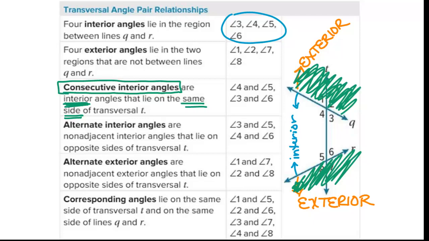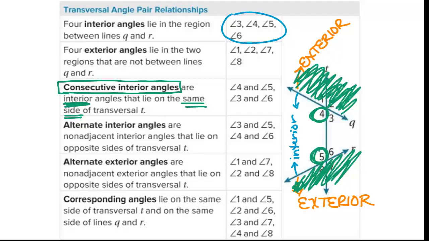Same side interior angles would be like angle 4 and angle 5. They're on the left side of the transversal, and they are interior. Do you guys see those? Left side of the transversal and in between these two lines.